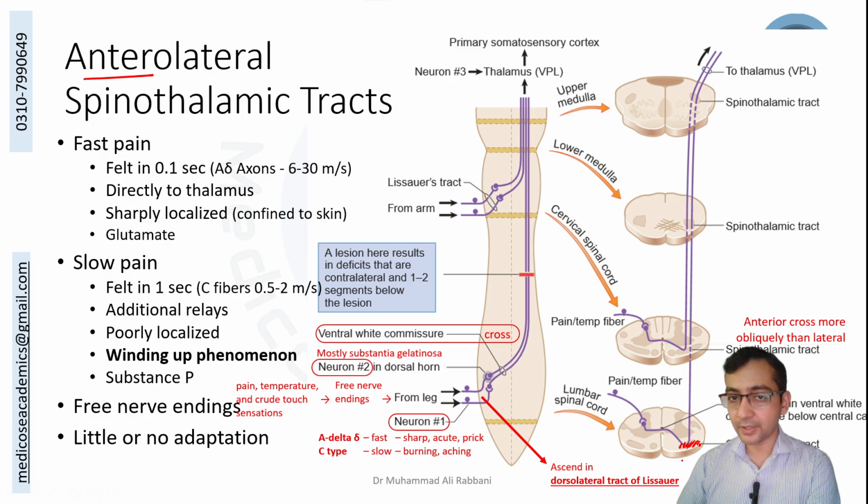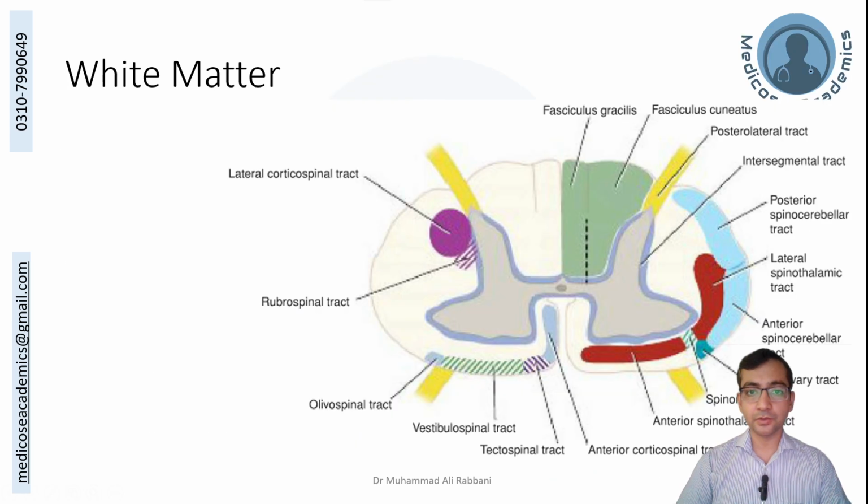For the lateral spinothalamic tract, the signal will move up in the lateral white funiculus. So the anterior spinothalamic tract will move right here in the anterior white column, and the lateral spinothalamic tract will move right here in the lateral white column.